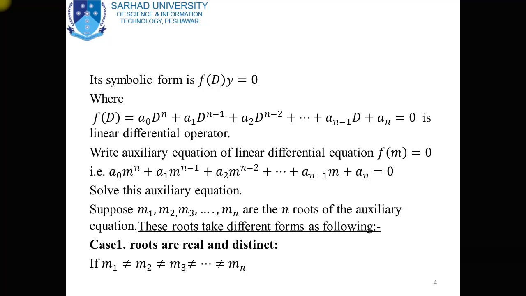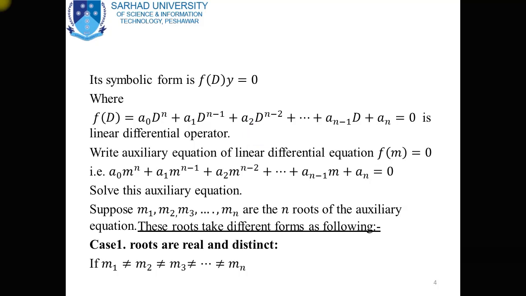Then the auxiliary equation solution will be in which form? First of all, find the roots of this auxiliary equation, then we can find the solution of this linear homogeneous differential equation of higher order. Dear students, one point should be noted: the linear differential equation of higher order has 2 solutions.